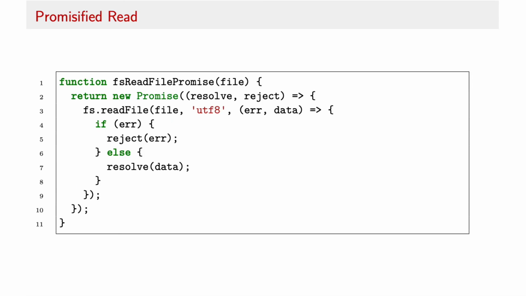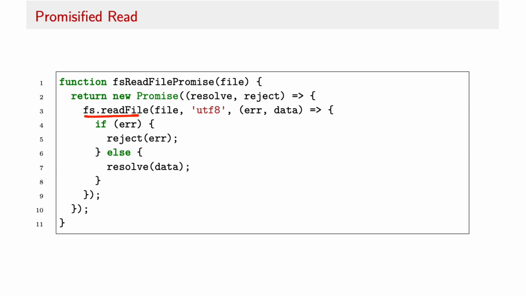So here's an example of promisification. I'm basically wrapping up the read file method inside the fs module in Node, right? We've been seeing this for several days now.